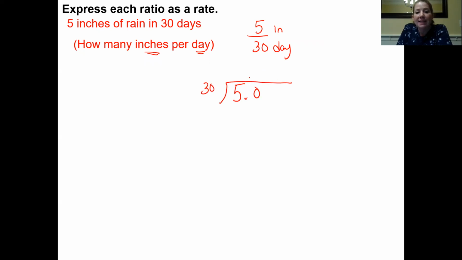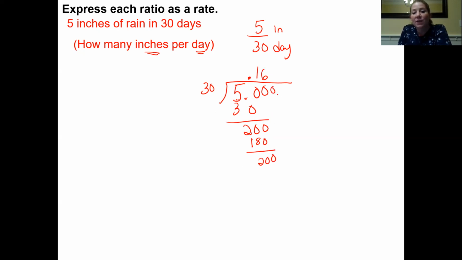So that means we have to add a decimal and a 0. 30 will go into 50 once. Get a remainder of 20. So bring down a 0. 30 will go into 200 6 times. 6 times 30 is 180. Get a remainder of 20.